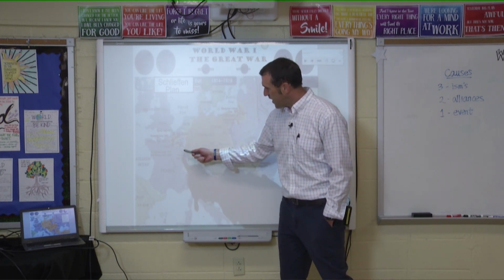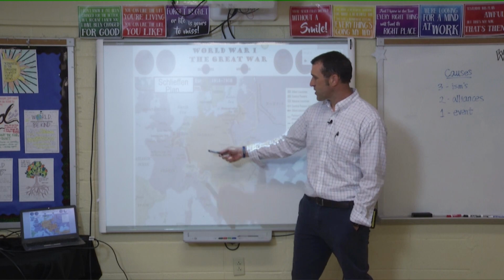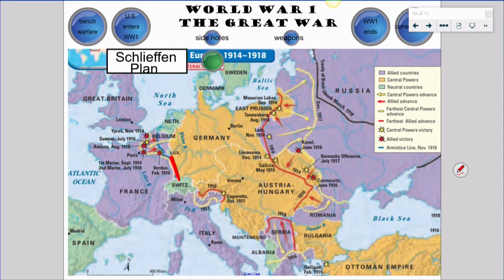Well, they did. France and Germany share a border right there, but instead of going through this fortified area right here, Germany went through Belgium that way. And they ended up making it almost to Paris, which would obviously be the downfall of France.